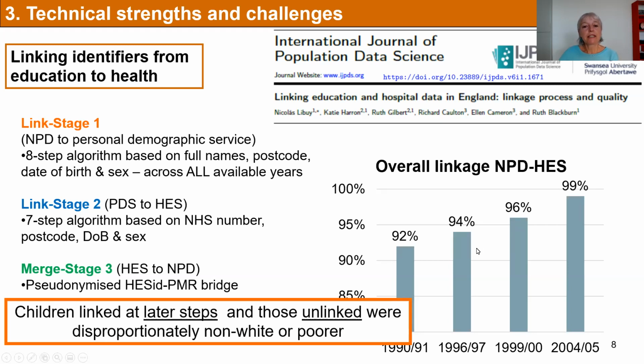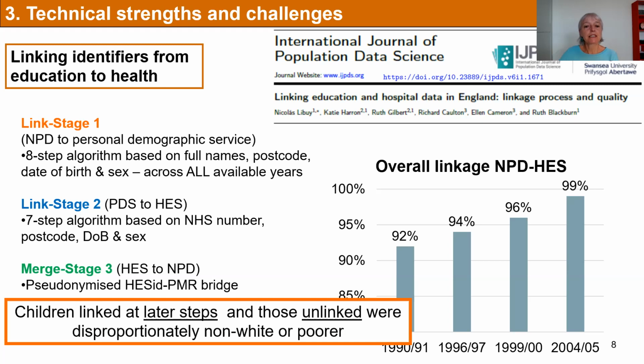It's worth mentioning that an estimated 96% of all children in England are enrolled in state school at some point in their childhood, and hence have a record in the MPD database at some point. This graph shows the proportion of children in the MPD who matched to one or more HES records at some point.